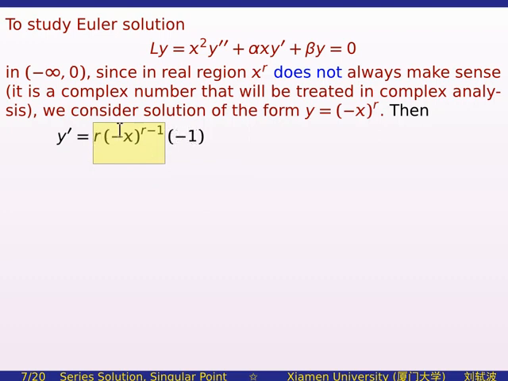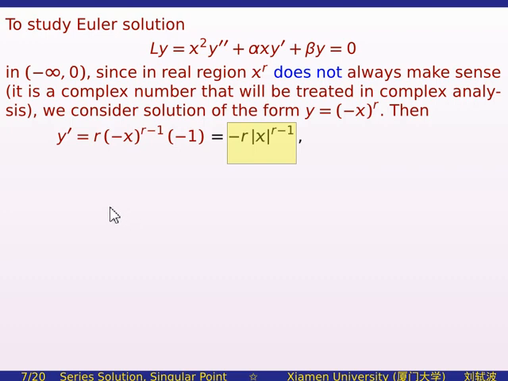So y prime is minus r (minus x)^(r minus 1). Okay, and this can be written as minus r absolute value of x to the power r minus 1, because minus x is precisely the absolute value of x. Note that x is negative.